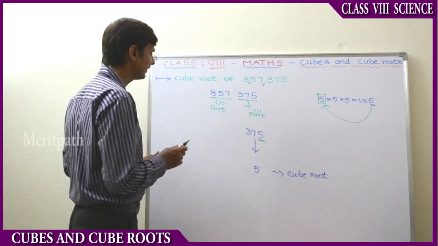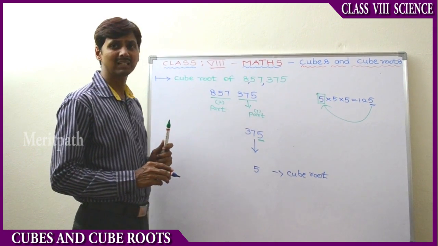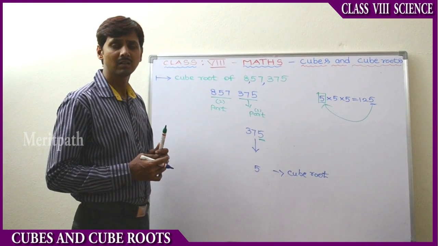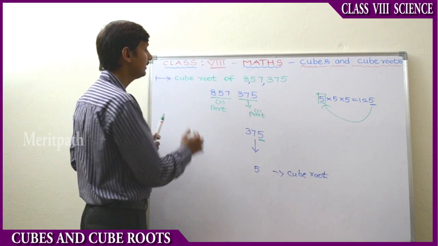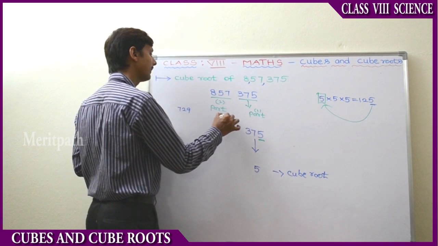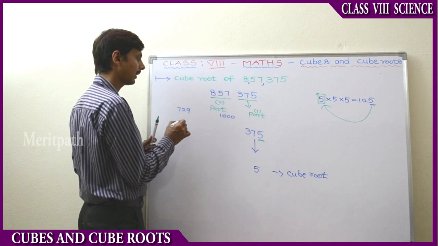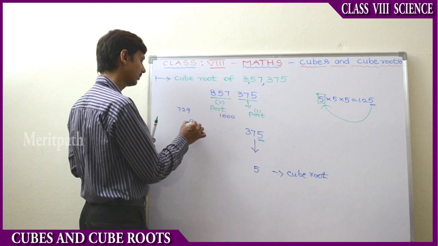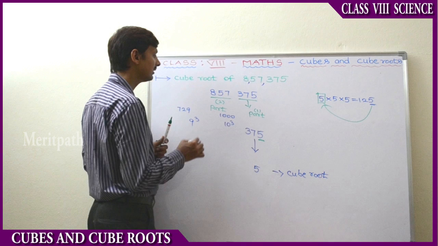Here we have 857. Let's see the nearest cubes for it, which are 729 and 1000, because 729 is 9 cube and 1000 is 10 cube.